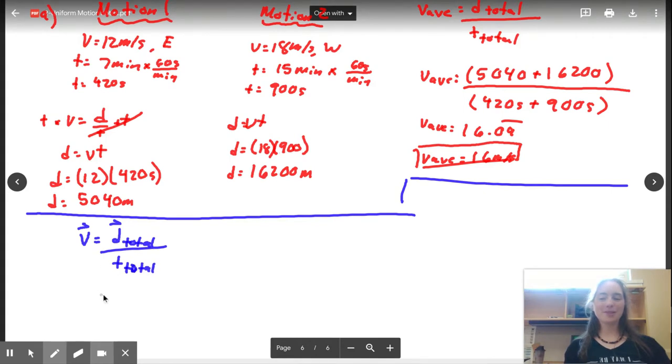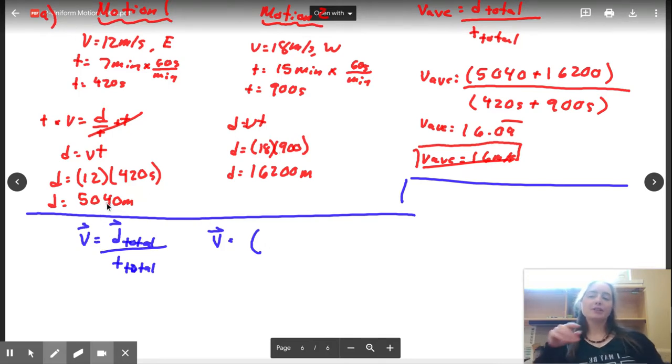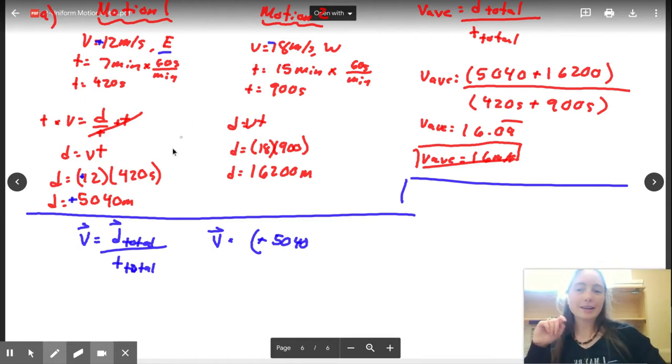All right. Well, let's look at what our displacement is. Now, this guy is traveling east. So that means he needs to be positive. So positive 5040 meters. Now we're going to come over here. We're going west. Remember that west is negative.